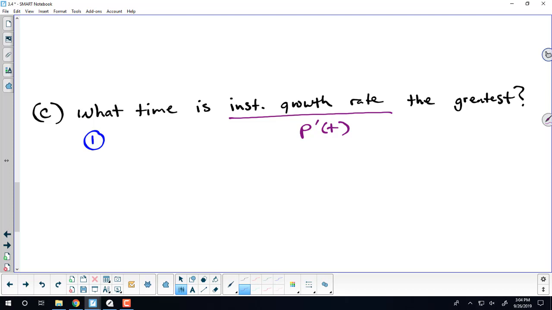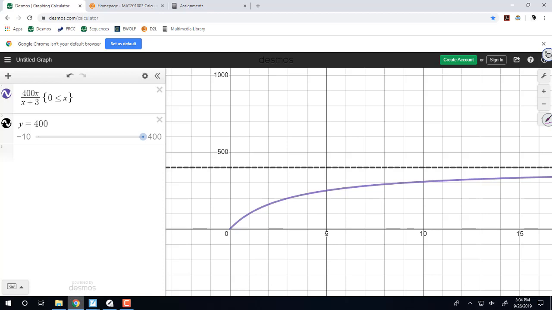So if we look back at that population, remember at any point on this population function, the slope of that line is the instantaneous growth rate. So we can say, well, on the population function, when is that slope the greatest? Does that make sense?